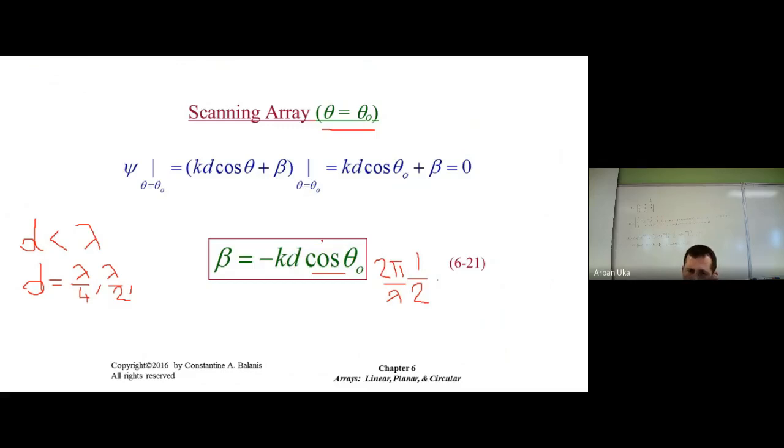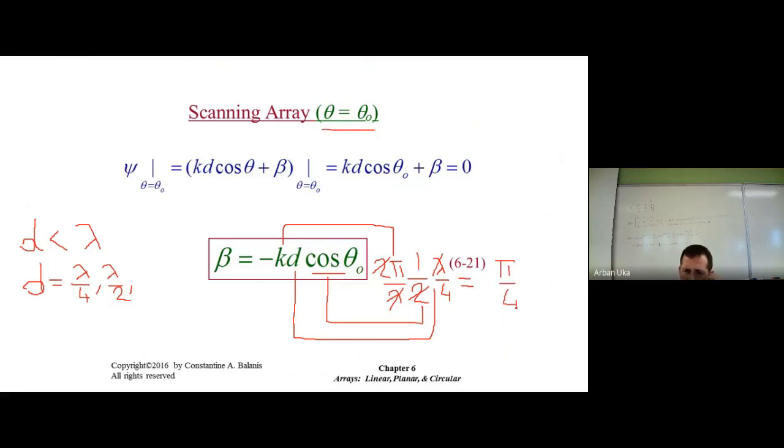So here, if this is k, cosine 60 is equal to 1 over 2, and d, let's assign this one as lambda divided by 4. If this is lambda divided by 4, this cancels out. That means that the phase difference between two subsequent units can be pi over 4.